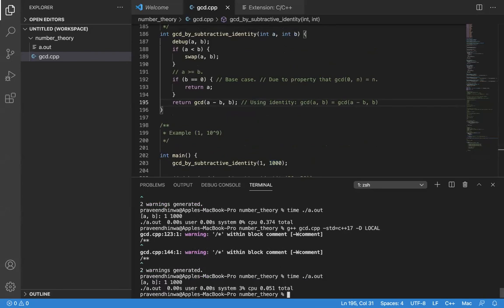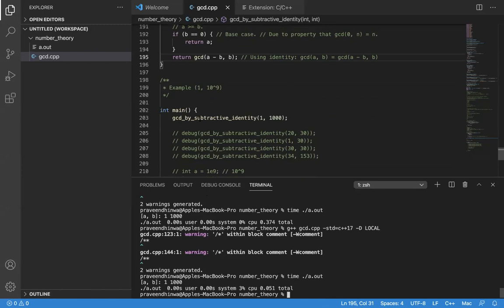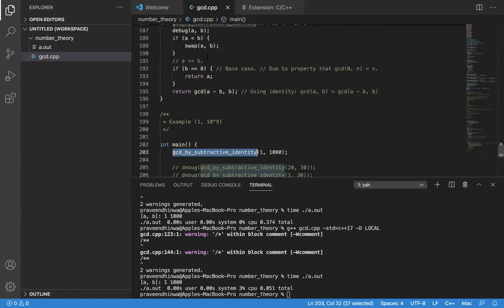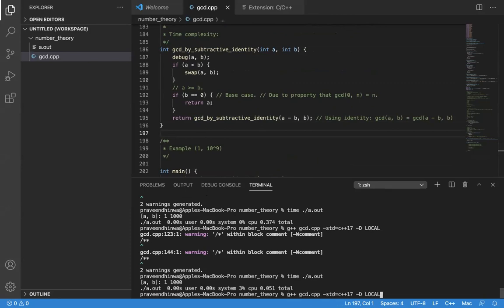Is it compiled? A must be greater than or equal to b, a minus b. Okay, this is interesting. Oh, sorry, this is not calling this function. This should be calling this function again. So let's see this.